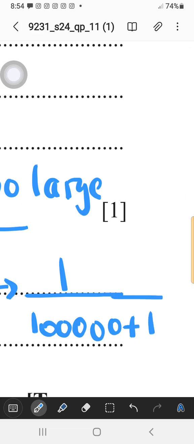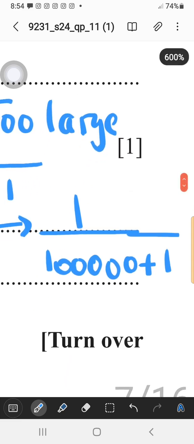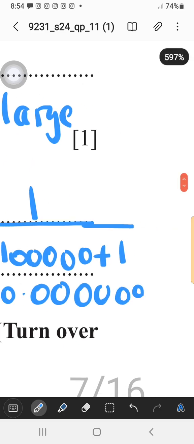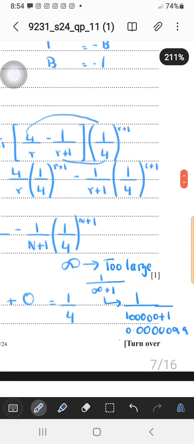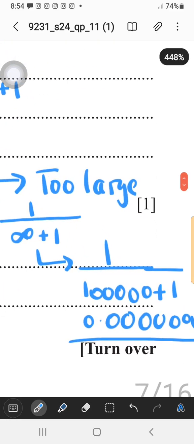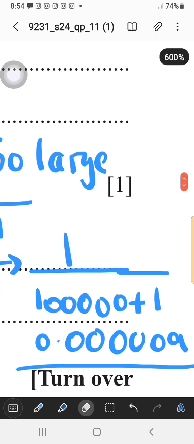If we calculate 1 upon 1 lakh plus 1, we get 0.0000099, which is obviously like 0, because infinity is still larger than 1 lakh.